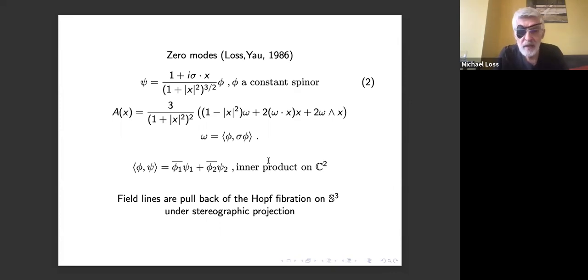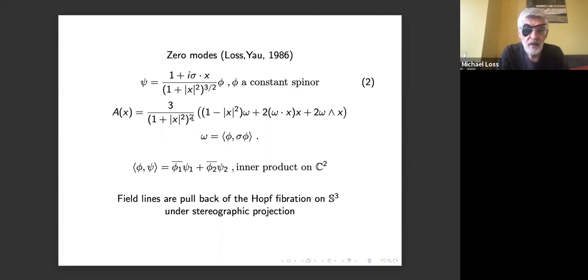It's, by the way, funny. So this pair, psi and A, really is a zero mode. And it's funny that the field lines of A turn out to be, when you pull back the Hopf fibration from S3 to R3, precisely the field lines of A. The magnetic field turns out, when you calculate the curl, you get a factor of 12 up here.